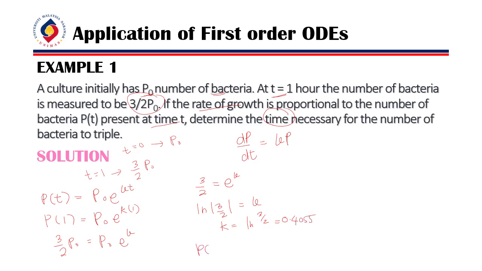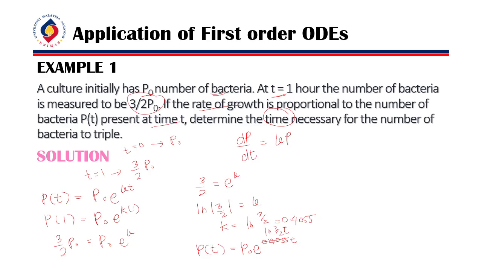This is the equation that we get: P equals P naught e to the 0.4055t. Or if you don't want to use this because it's too long, you can just put e to the ln 3 over 2 times t. So I will consider this one as well.